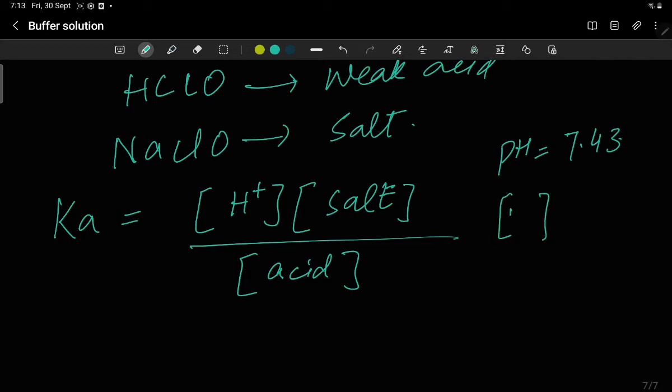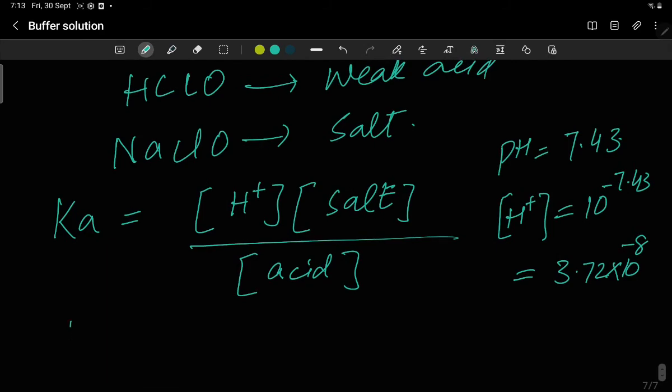Now the concentration of hydrogen ion is equal to 10 raised to the power of minus 7.43, which is equal to 3.72 into 10 raised to minus 8.